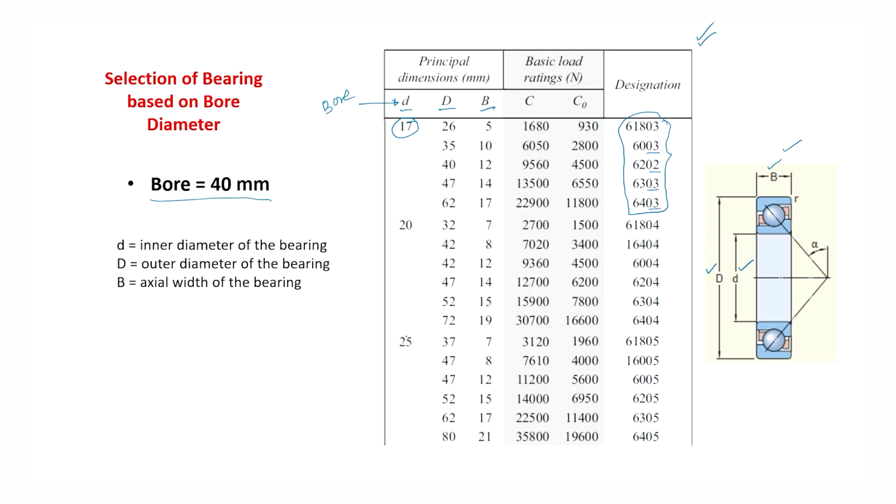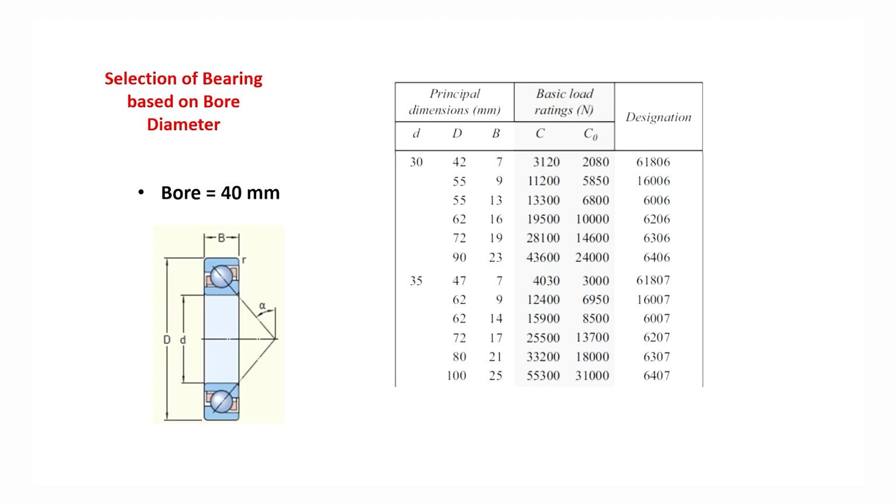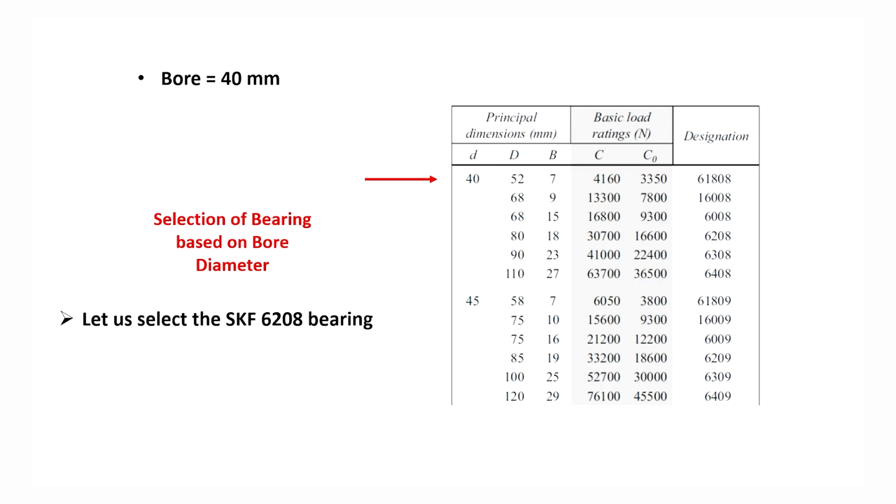So, we will go to another table which is for 30 bore, 35 bore. Ours is 40 mm, and so again we will move, and we are now at a location where the small d bore is given as 40. It means we may select this 40 and the corresponding dimensions of the bearing are this one.